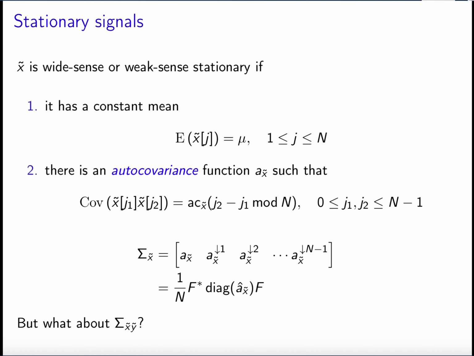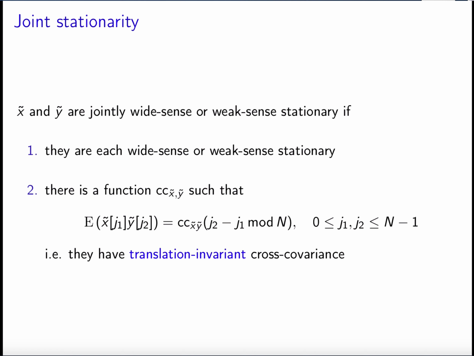So we have kind of solved our issues with the covariance matrix of x. But what about the cross covariance between x and y? That's still problematic. Well, it turns out that often signals have cross covariances that are translation invariant.